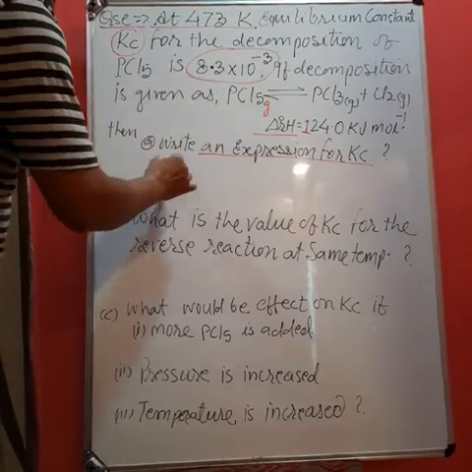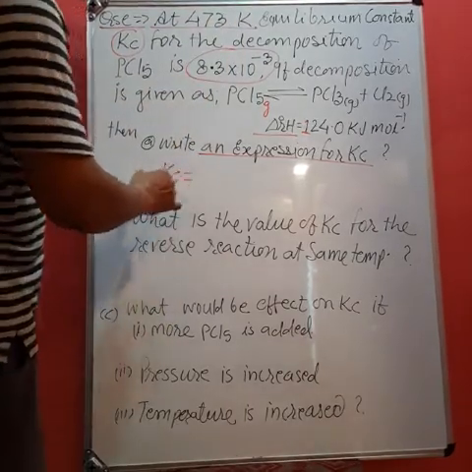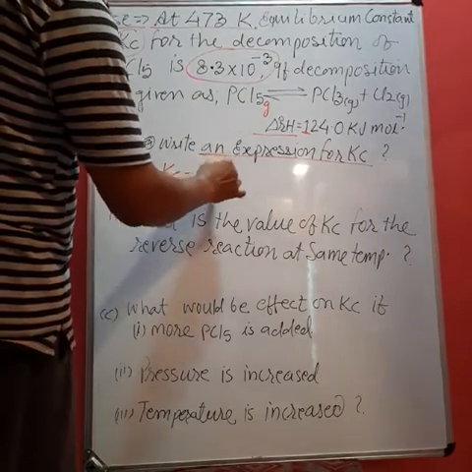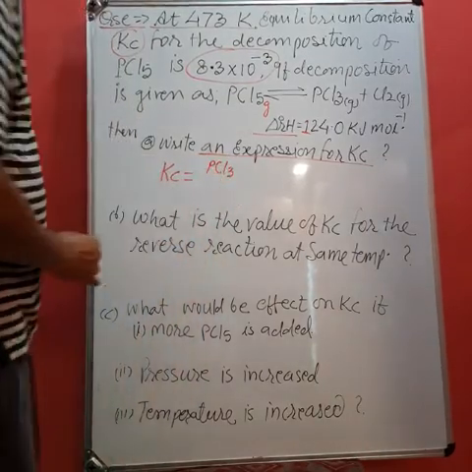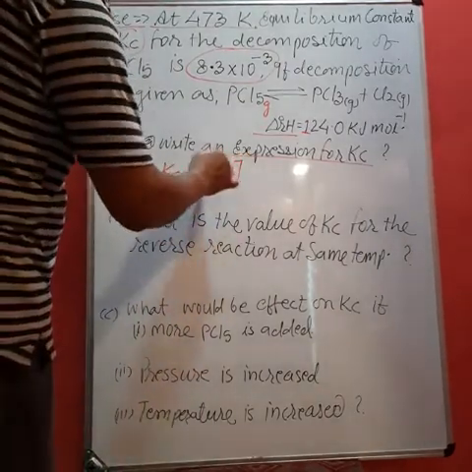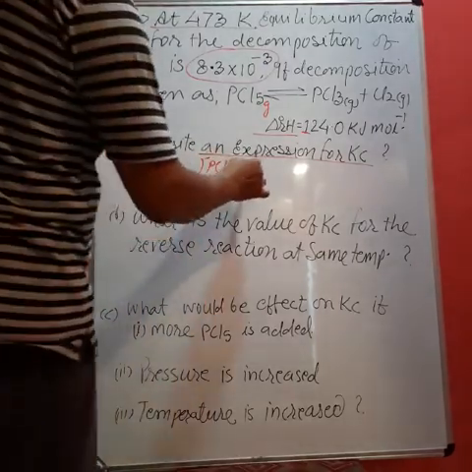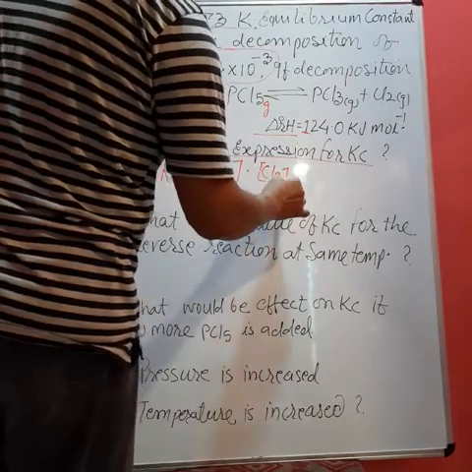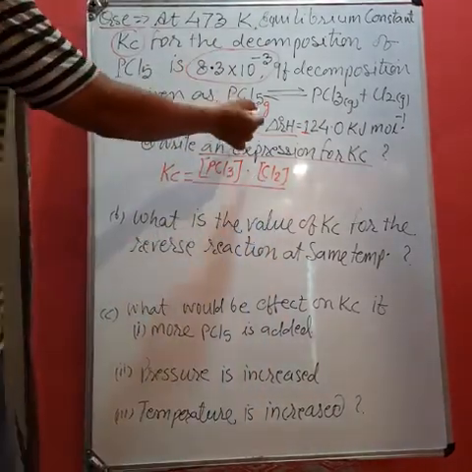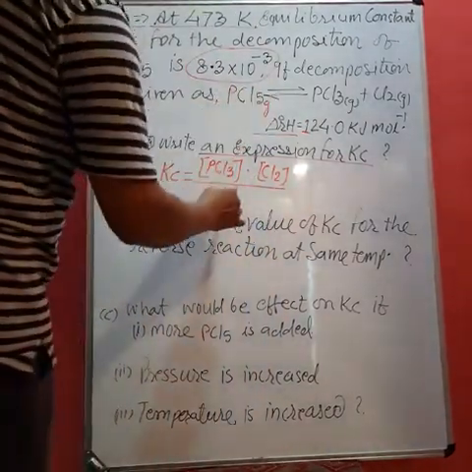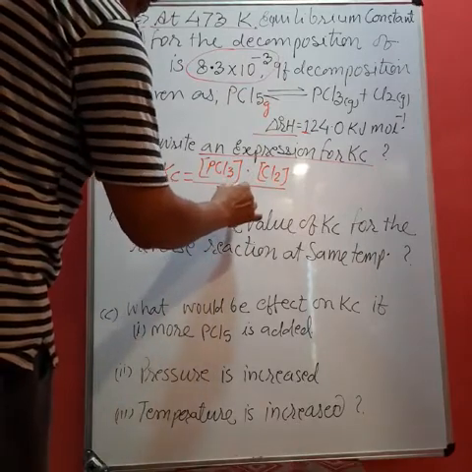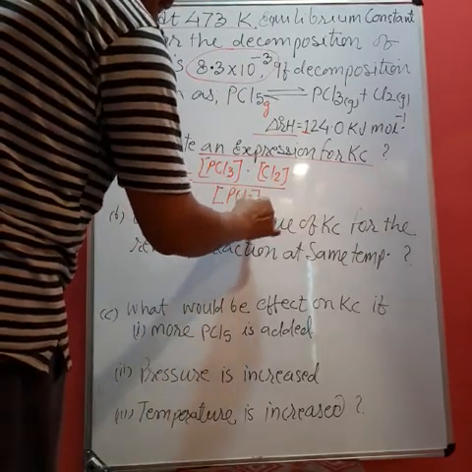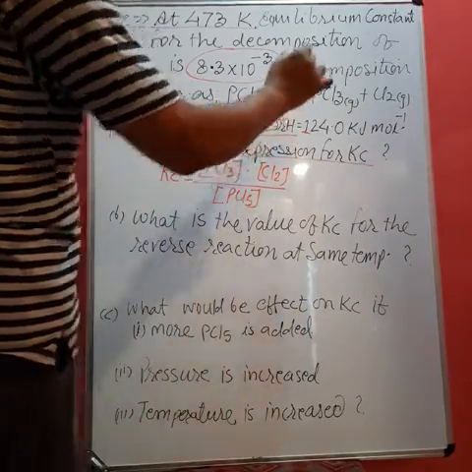So we can write the expression for Kc will be equal to the concentration of product PCl3, you can write in square bracket, multiplied by the concentration of Cl2, divided by the reactant, which is PCl5, so the concentration of PCl5. So this is the expression.